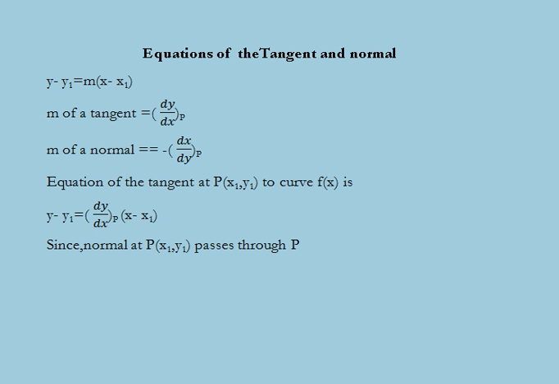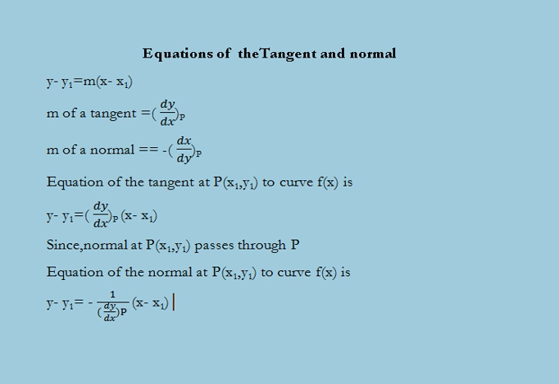Now since the normal at the point with coordinates x1, y1 passes through P and has a slope, as discussed, equal to minus dx/dy at point P, the equation of the normal to the curve is given as y minus y1 equal to minus 1 divided by dy/dx at P times (x minus x1), where we have converted the slope of the normal, which was discussed to be minus dx/dy at point P, as 1 divided by dy/dx at point P.